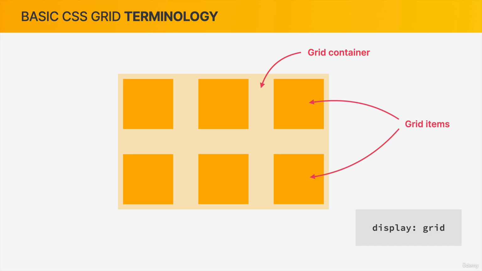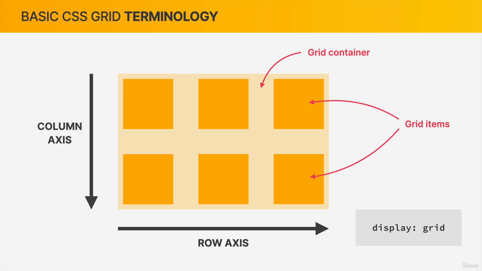So again, just like we learned before, and also this is quite similar to Flexbox, right? Then also like Flexbox, we also have axes here. So we have a row axis and a column axis. Now, unlike Flexbox, we cannot change the direction of the row and the column axis, which in my opinion actually makes it even a bit easier to work with CSS Grid. All right. So this is the basic terminology about CSS Grid.